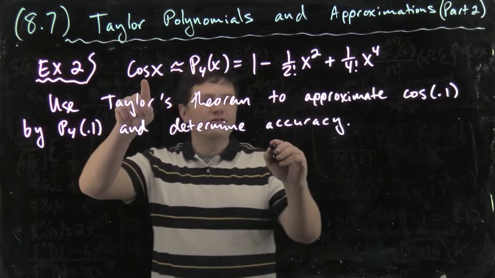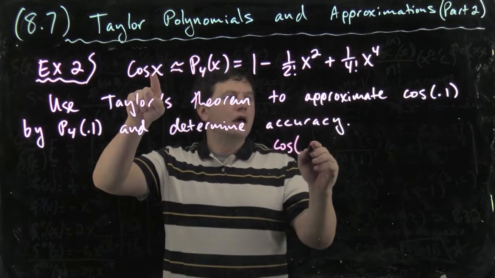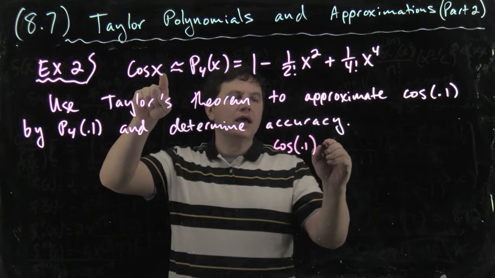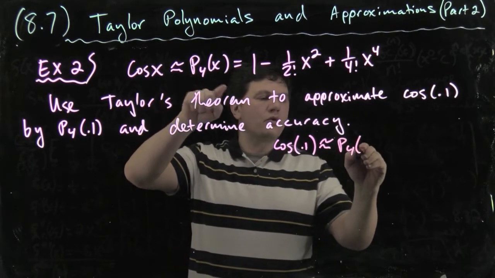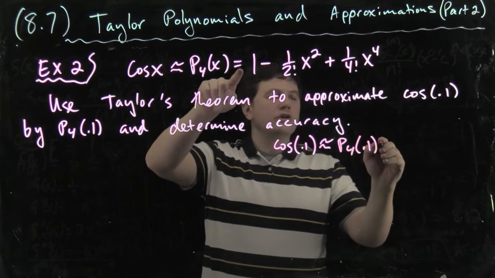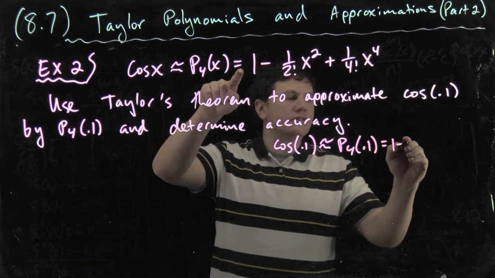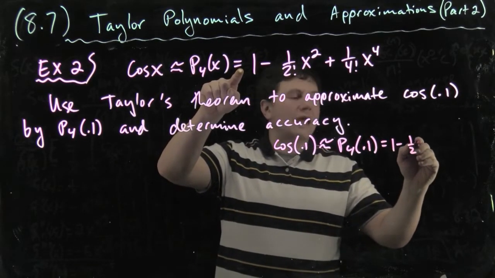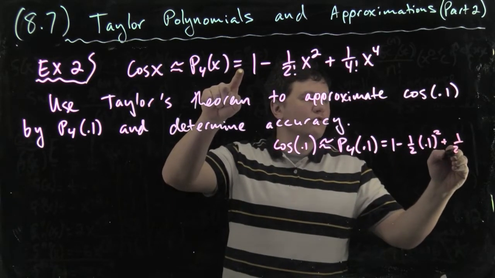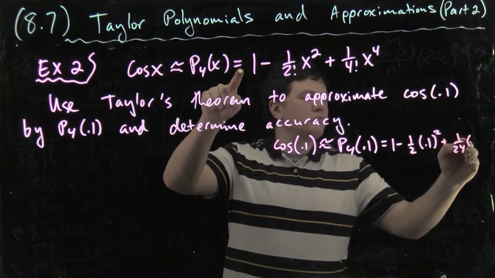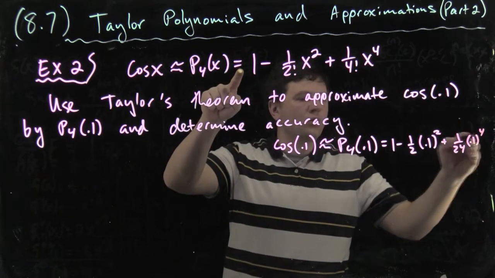So we're doing cosine of 0.1, which is approximately our degree 4 polynomial at 0.1. That's going to equal 1 minus 1/2 times 0.1 squared plus 1 over 24 times 0.1 to the 4th.